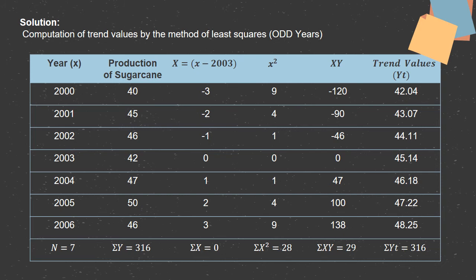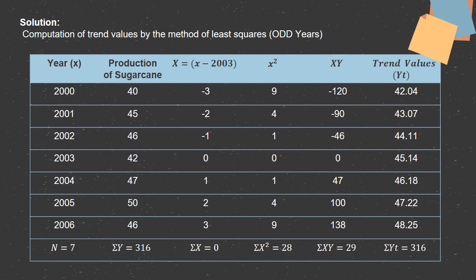For x squared, we have 9, 4, 1, 0, 1, 4, 9, so the summation of x squared is 28. For xy, we have negative 120, negative 90, negative 46, 0, 47, 100, 138. The summation of xy is 29.